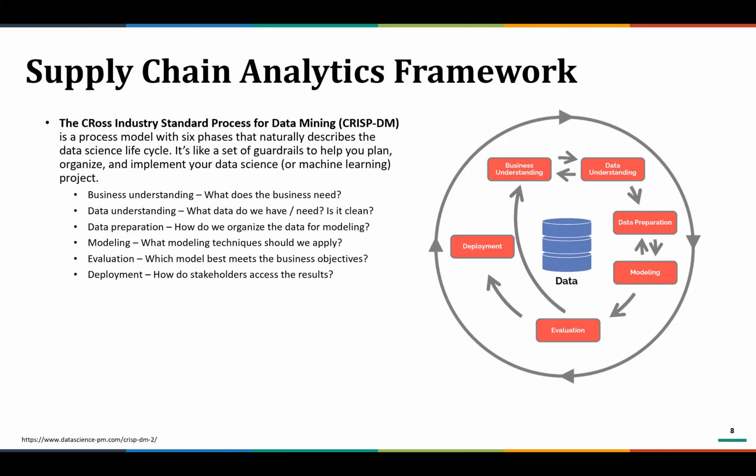This framework consists of six phases that describe what we call the data science life cycle. So there are six phases that you need to do well, which naturally become part of the process when you want to apply this framework. So let's zoom in a little bit.